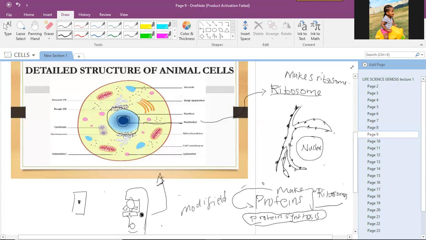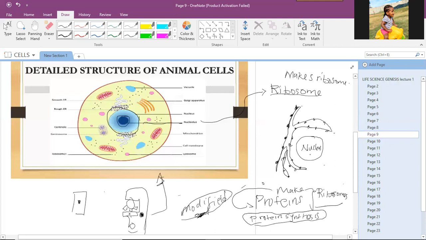So what structure modifies the proteins? It's the rough endoplasmic reticulum. So do you see the different structure? It modifies the proteins. So now the proteins have been modified inside the rough endoplasmic reticulum.